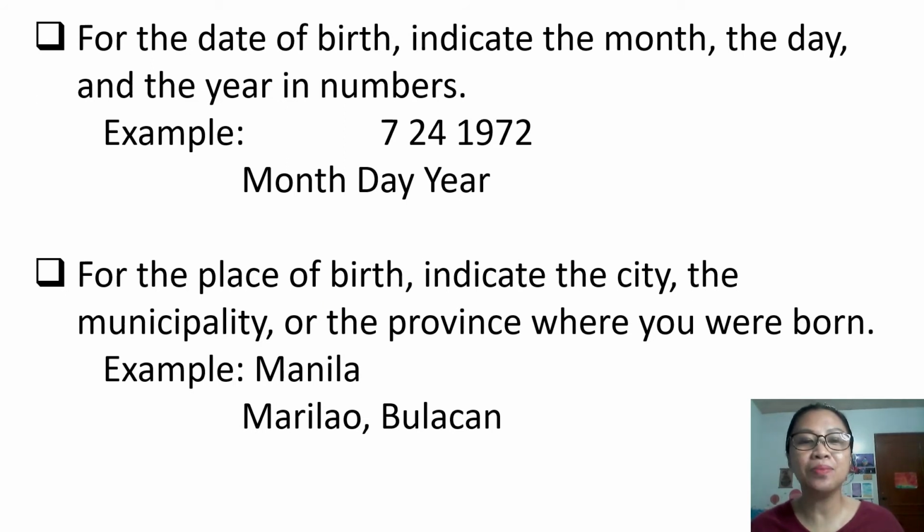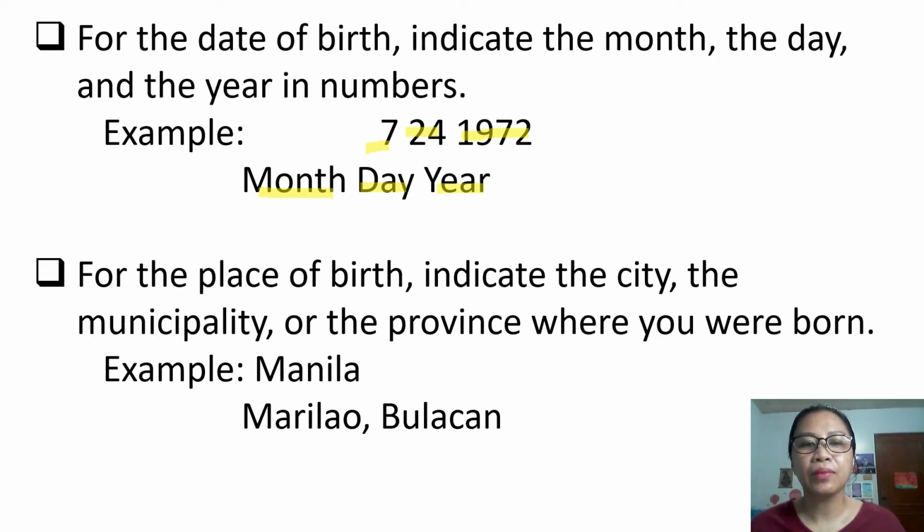For the date of birth, indicate the month, the day, and the year in numbers also, just like your age. For example, 7 for the month of July, 24 for the day, 1972 for the year.